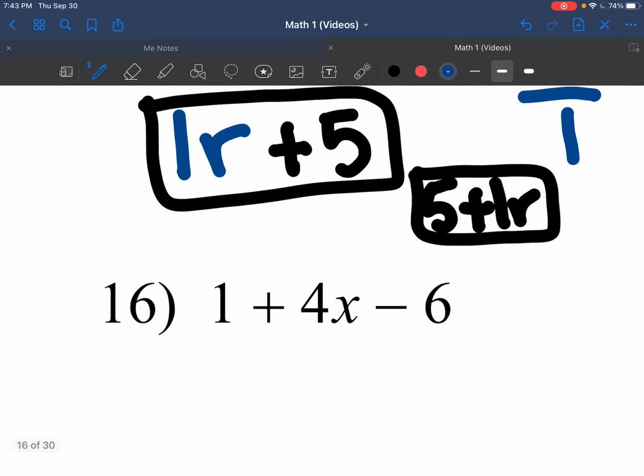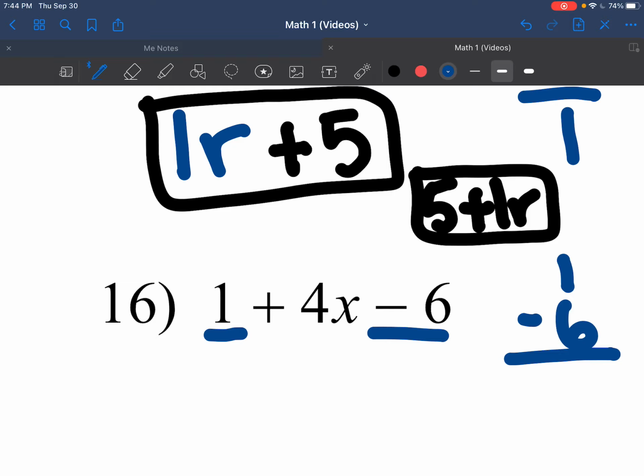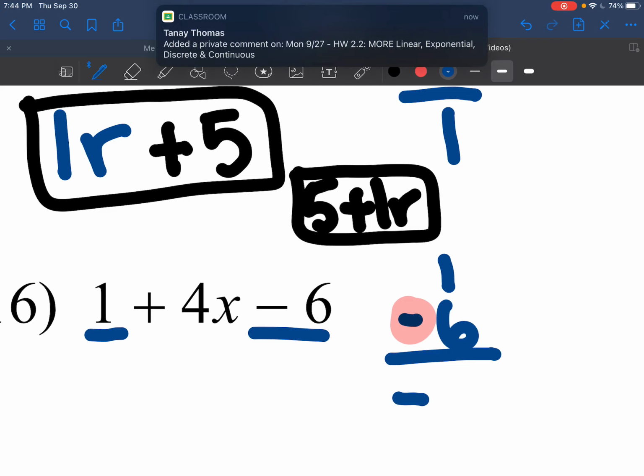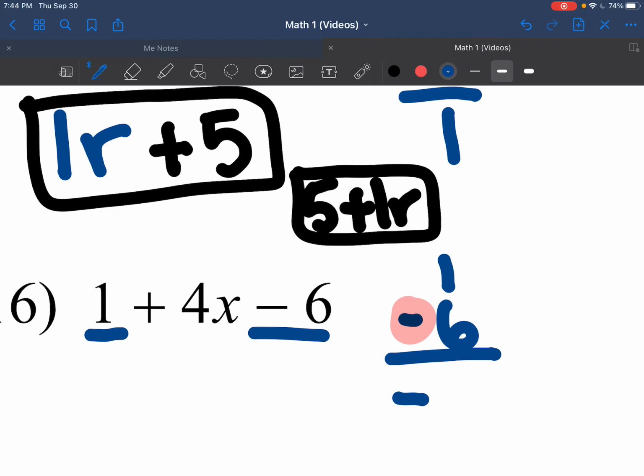16, we have 1 minus 6. So we have a positive 1 minus 6. Well, I got to be careful here. I know I'm going to have a negative as my answer because 6 is bigger than 1 and so that has a negative sign. Then 6 is 5 bigger than 1, so that's how I get negative 5.